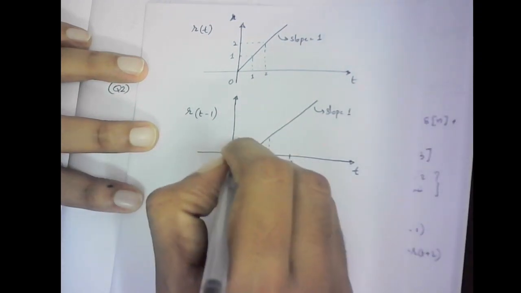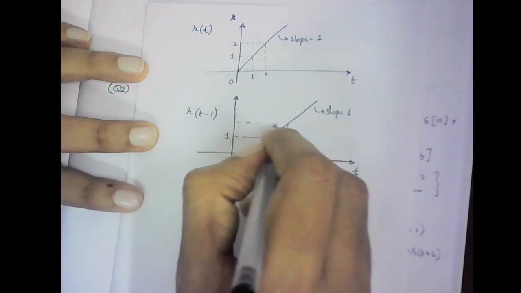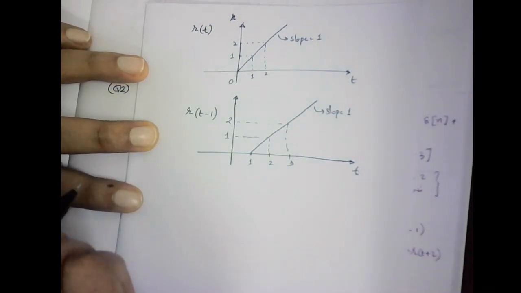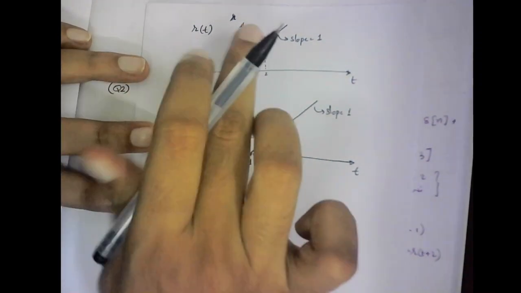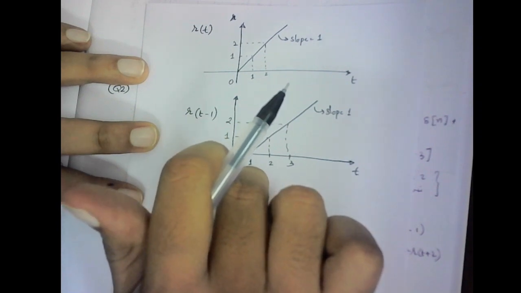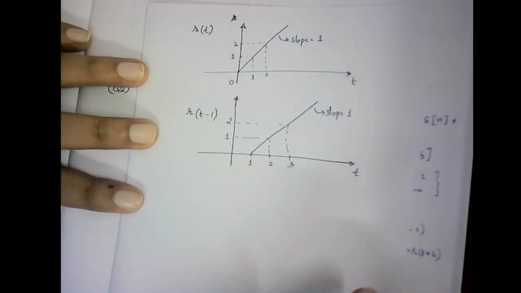So at 2 it will reach 1, at 3 it will reach 2 and so on. Okay, so this is r of t minus 1. So this is r of t, this is r of t minus 1. And next thing what you need is r of t minus 3.